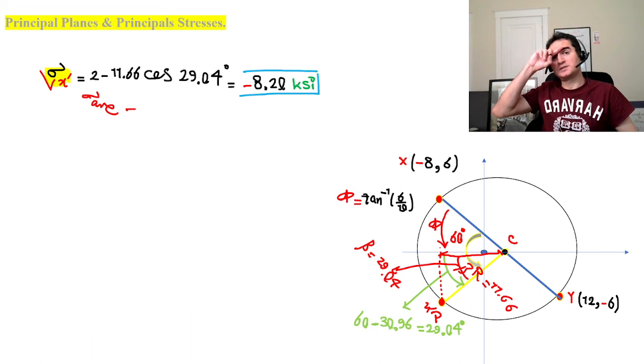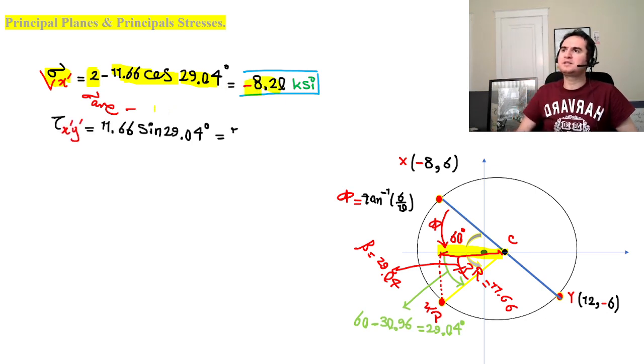So sigma average, which is from the origin to C, let's highlight it here. If you subtract, that's 2 minus 11.66 cosine of 29 gives you a negative 8.2 ksi.